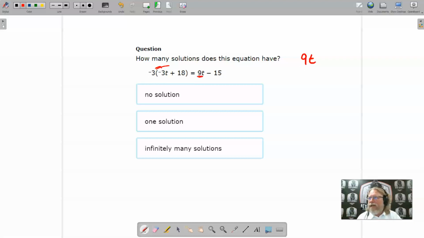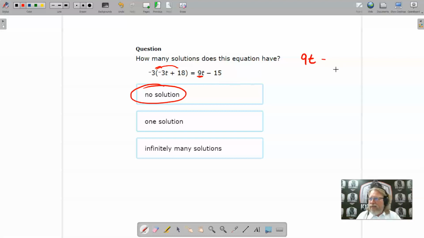But I also have negative 3 times 18. Well, positive times negative is going to give me a negative. And I do have a negative 15 on the other side, but there's no way that 3 times 18 is negative 15. So I'm pretty much saying, okay, this is going to be a no solution situation, but we'll continue working it out and see.